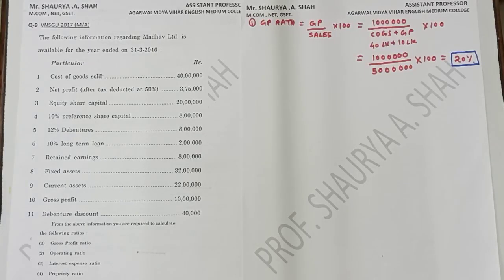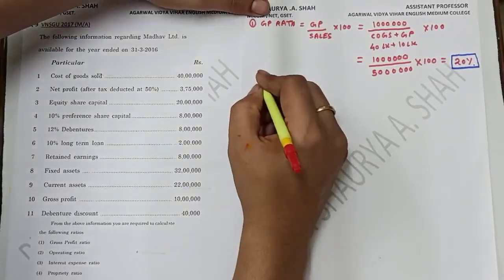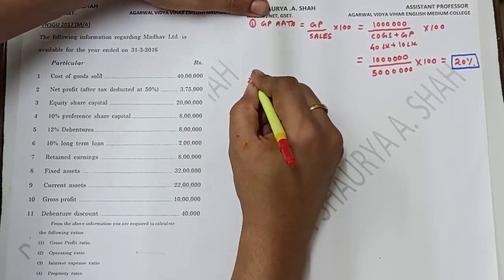The second thing asked in your sum is your operating ratio. Just now we saw the formula. What is operating ratio, students? Operating ratio formula is cost of goods sold plus operating expenses. Again, I'll write it down.